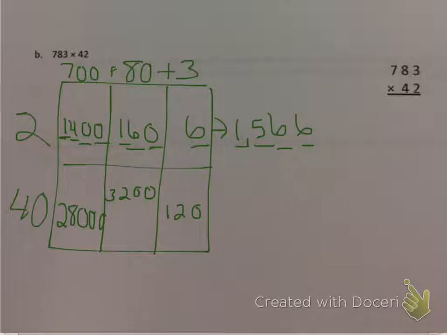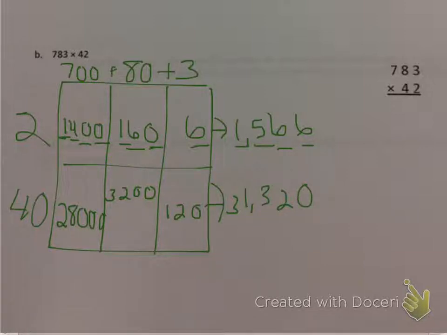Okay? So then I do the same to the bottom. 28,000 plus 3,200 plus 120 is 31,320. Okay?